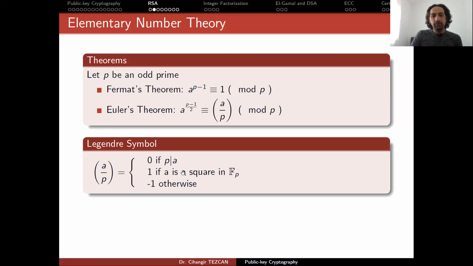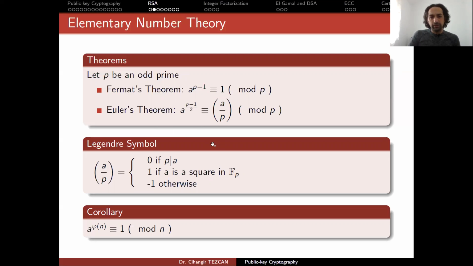The result is 1 if a is a square in F_p, which is the Galois field defined by p. You can think of it as the non-negative integers that are less than p. And it is minus 1 otherwise. So it is kind of a generalization of Fermat's theorem.